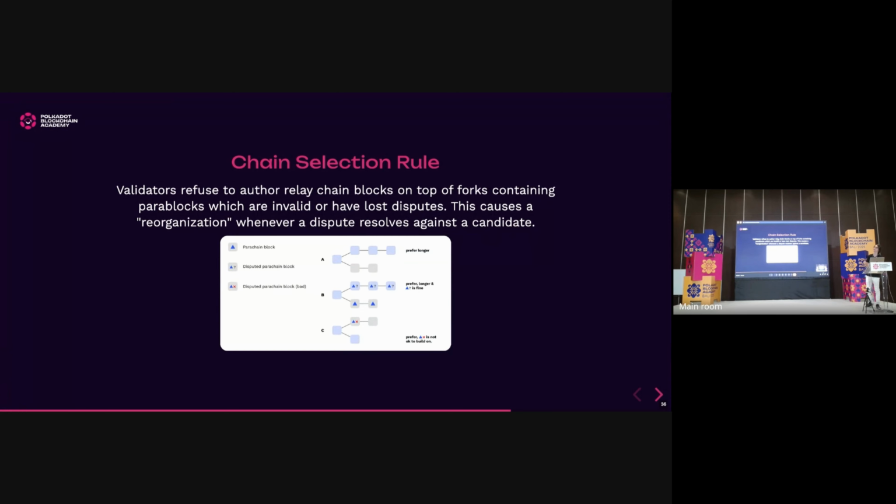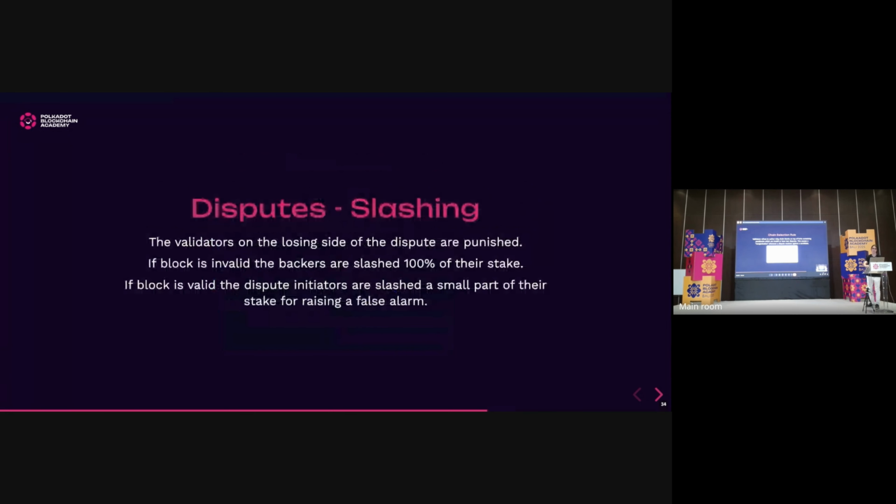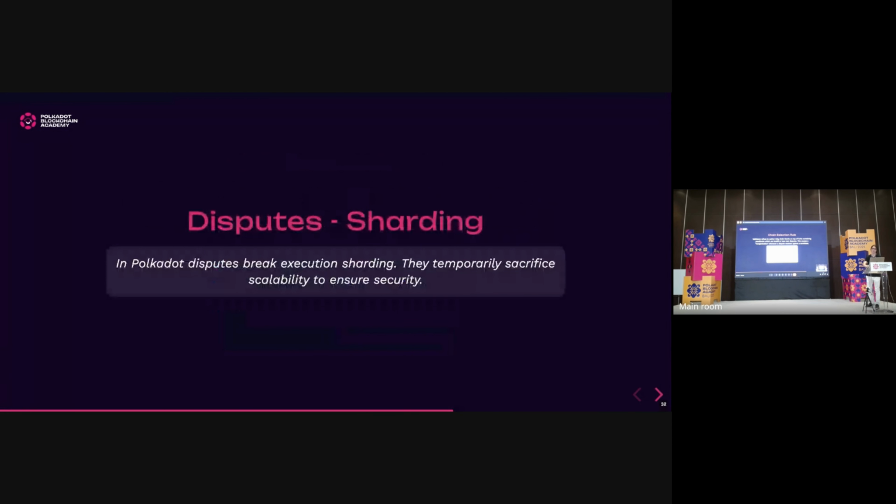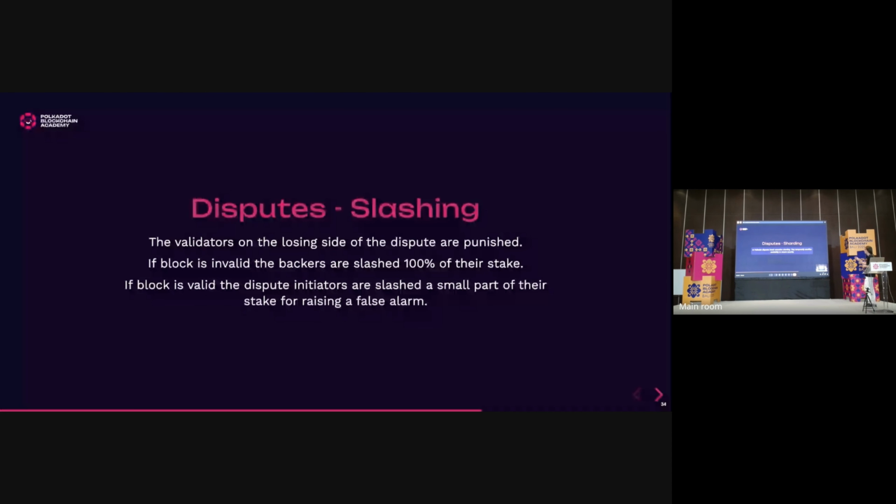And also, another note I should have mentioned, if a dispute concludes, not only are we slashing someone, but we have to revert. Whatever happened in those blocks that were included, we are actually reverting the history that happened there.